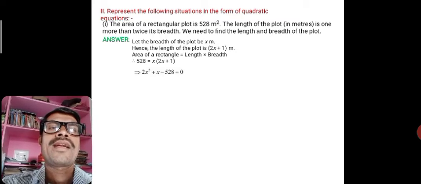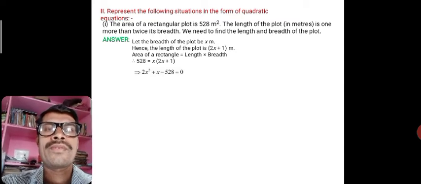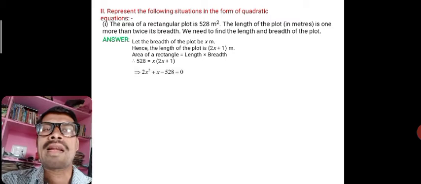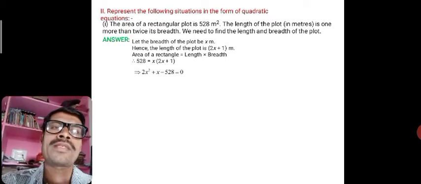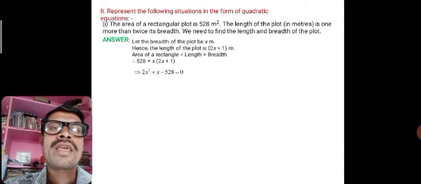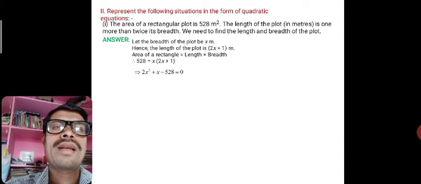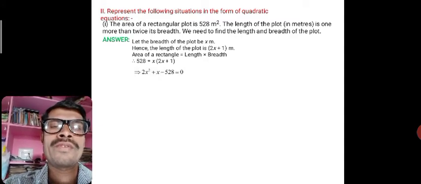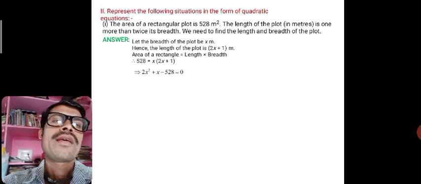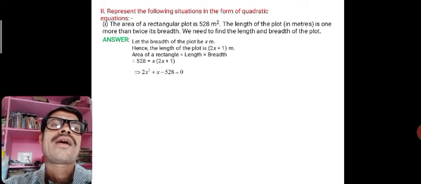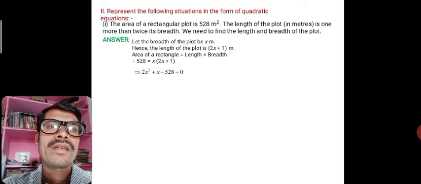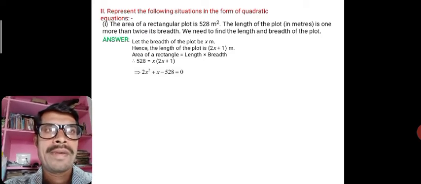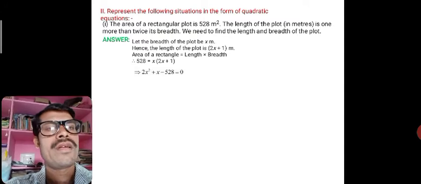In the left hand side, it is equal to 0. This exactly resembles the standard form ax² + bx + c = 0, where a is 2, b is 1 and c is -528. Therefore it is a quadratic equation. This is the equation corresponding to the given situation.